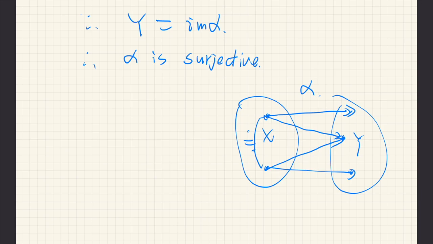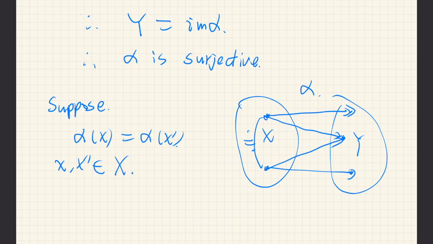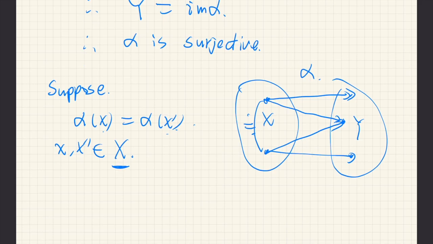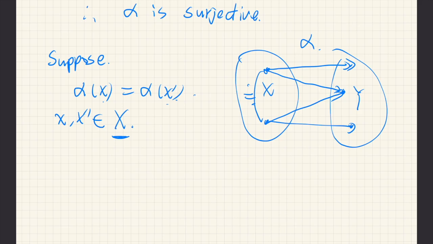So now suppose we have alpha of x equal to alpha of x prime, and x and x prime are elements of capital X. From this assumption, we show that this x and this x prime are actually the same element in the domain.